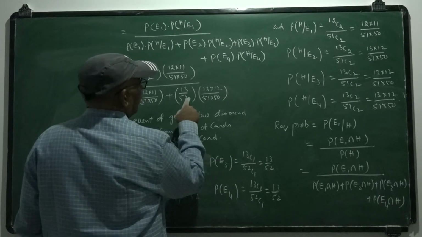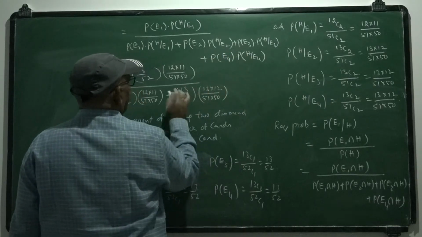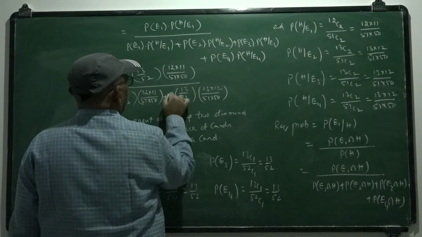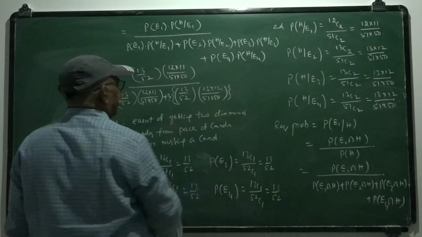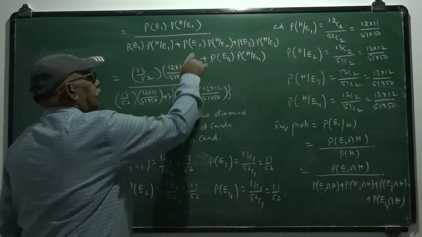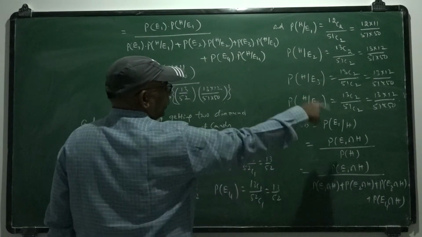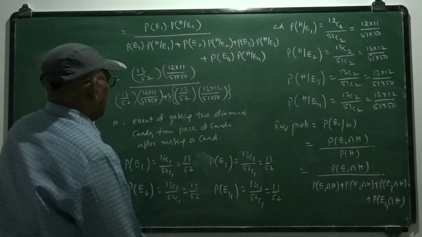The same probability is repeated in these 2 cases, hence I am taking plus 3 into, because these three are equal, 13 by 52 into that one.